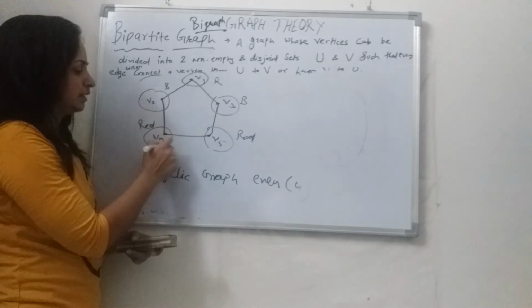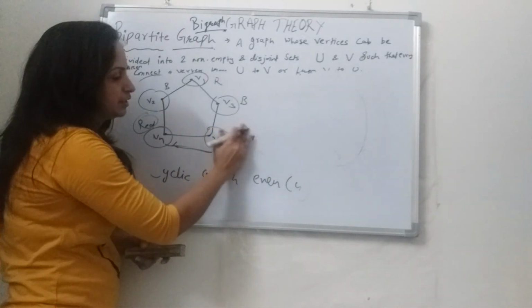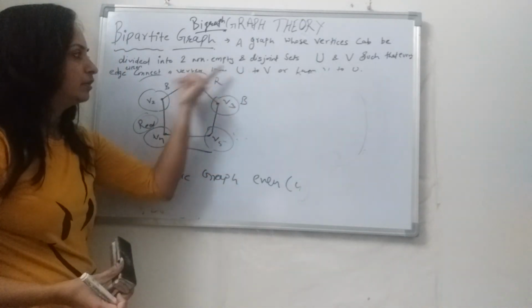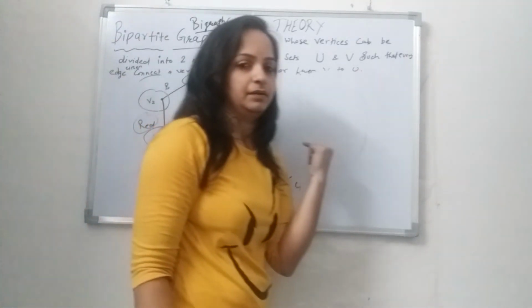These 2 adjacent vertices cannot be colored with the same color, so I have to change it. That means I have to use a third color here. I cannot color the whole graph with 2 colors. So this is not a bipartite graph.